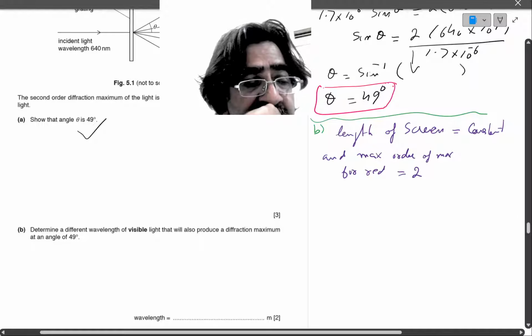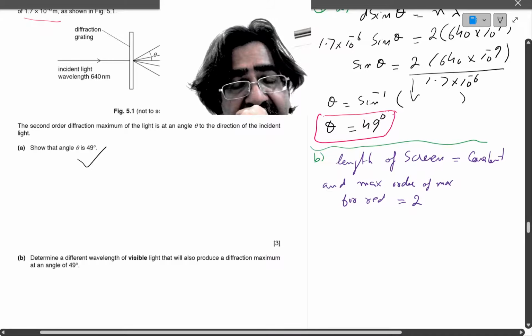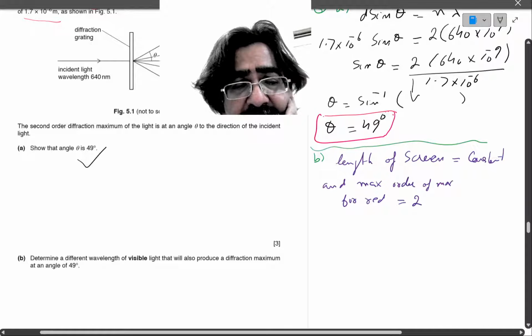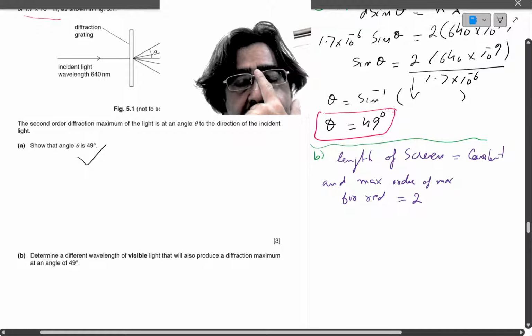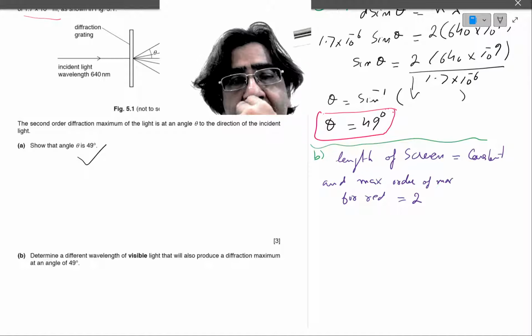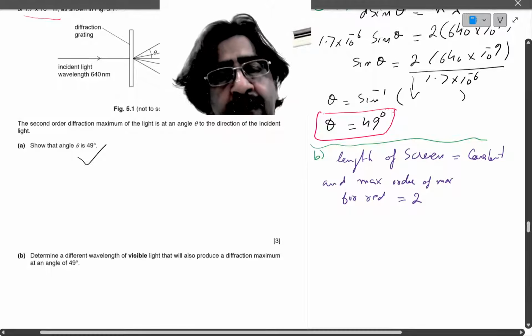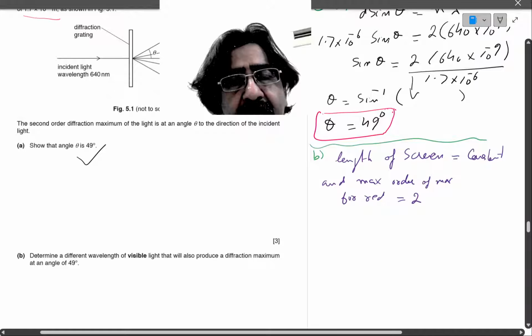Okay, but red light, if we compare it, has minimum frequency. Sorry, red light has the minimum frequency in visible light.